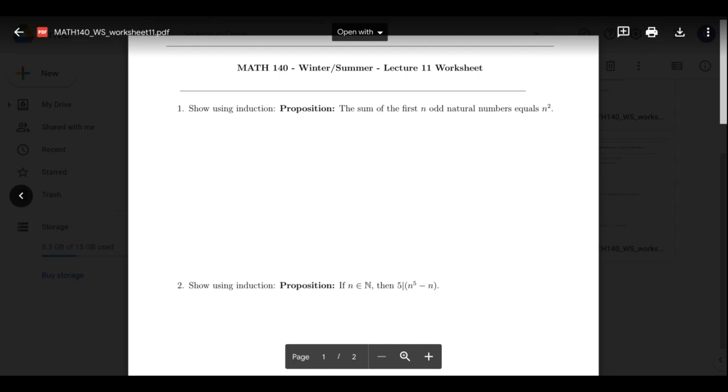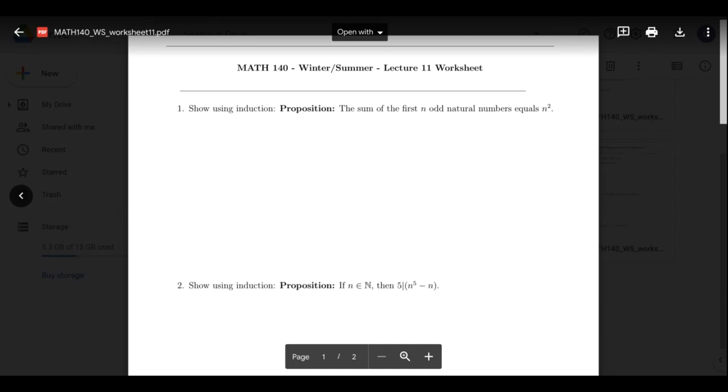Okay, Patrick has written, you mean 1 equals 1 raised by 2. Use the upper arrow to raise. Yeah. So which is true? Then we assume P of n is true, which means 1 plus 3 plus 5 plus up to 2n minus 1 equals n squared.